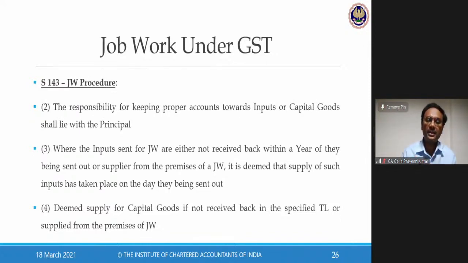They say, look, the moment it has not come back within 1 year, you have violated your provisions. It is deemed supply from the day when it was taken out. Though it has come back, now what they say is it is a supply from you to the job worker. Again, the job worker has to raise an invoice on me. I'll come back to my example to explain the same provision.